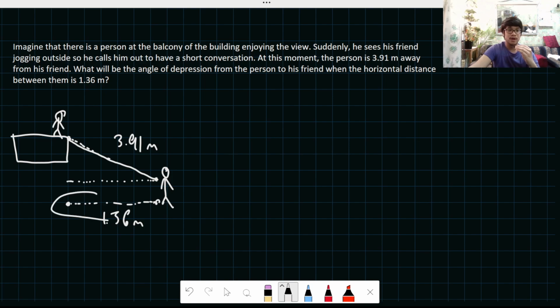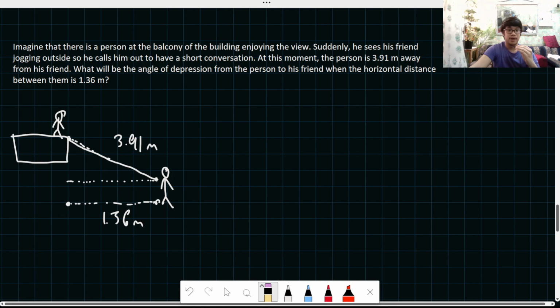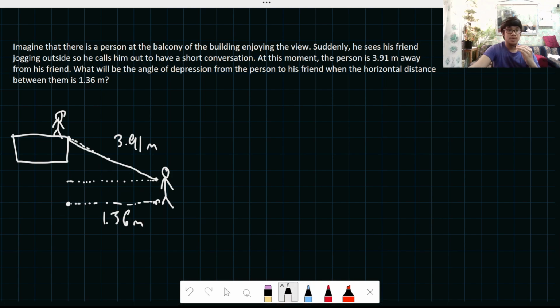Like if you have 1.36 meters here, we can also have 1.36 meters as a horizontal component of this diagonal line. So that means this is just the same as their horizontal distance between them. So we can have 1.36 meters as the horizontal component of this diagonal line.